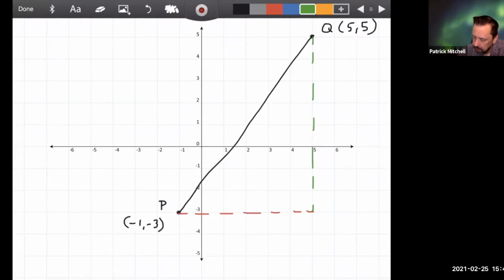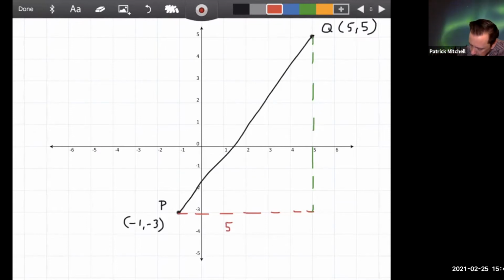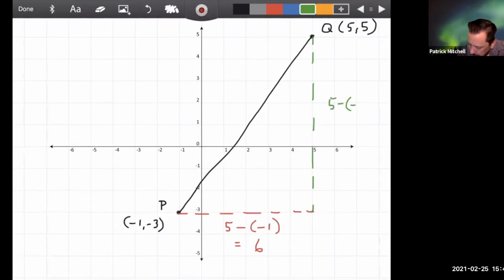Because hopefully you can see that the length of this bottom side would just be the difference in the x coordinates, which would be 5 minus -1, which is 6. And the length of this other side would be the difference in the y coordinates, which would be 5 minus -3, which is 8.